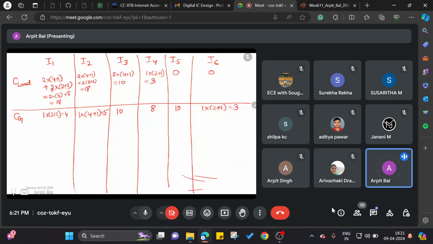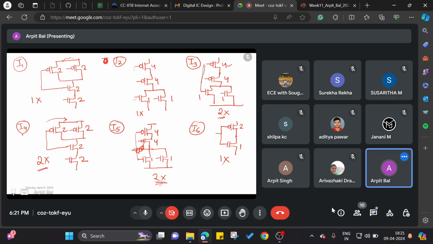Okay, now what is the parasitic capacitance? For the parasitic capacitance, you need to see the output node of each of the gates, right? So at this point, what is the capacitance connected? Similarly, for all other gates, you need to find out. So for I1, can someone tell me what the parasitic capacitance is?